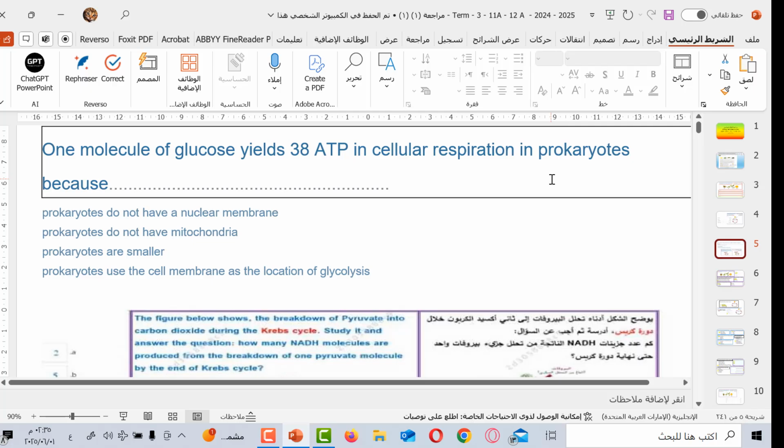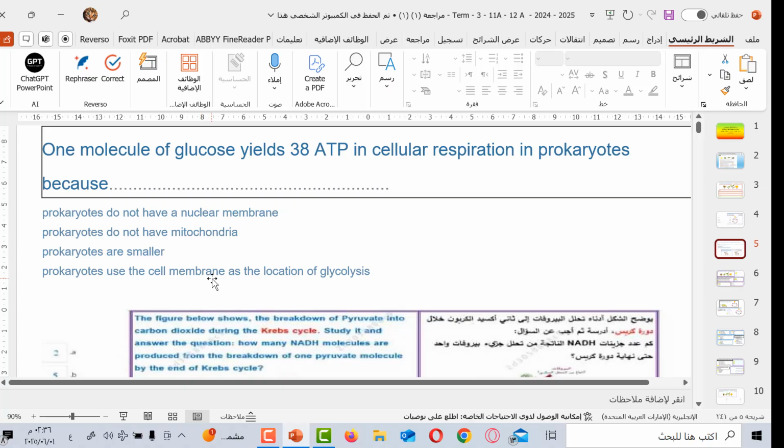Now he asked one molecule of glucose yields 38 in cell respiration in prokaryotes because what? Number one, prokaryotes don't have a nuclear membrane. Prokaryotes don't have mitochondria. Prokaryotes are smaller.